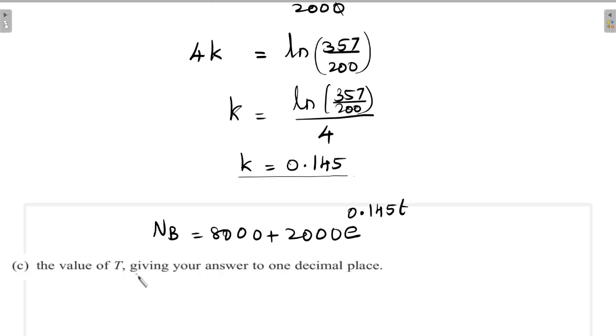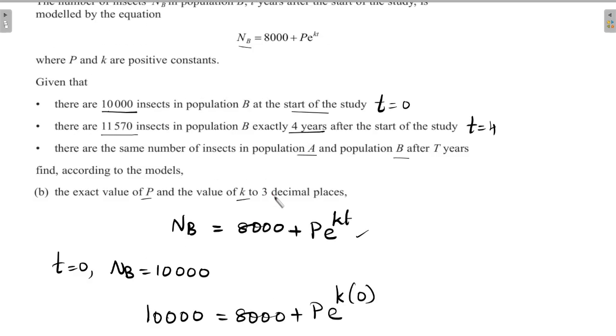See the last part. Find the value of t, giving your answer to 1 decimal place. Before that, some information is given: there are the same number of insects in population A and population B after t years.